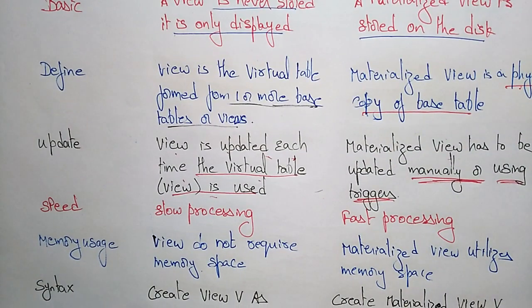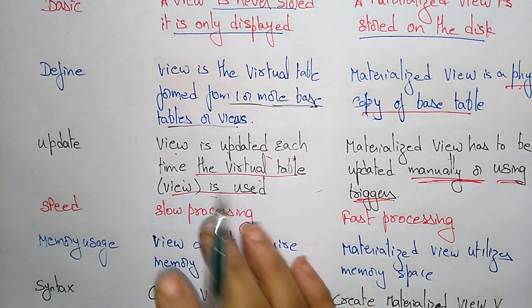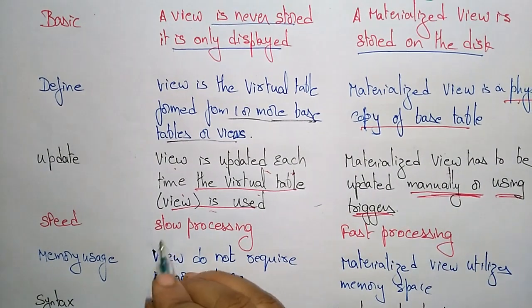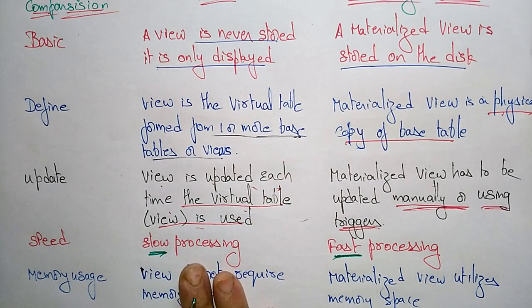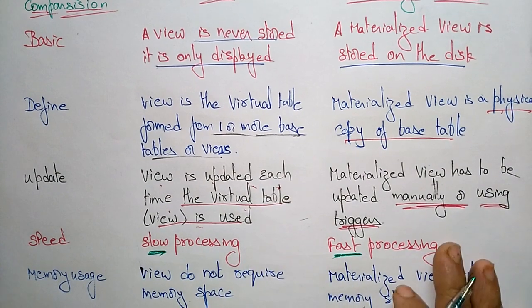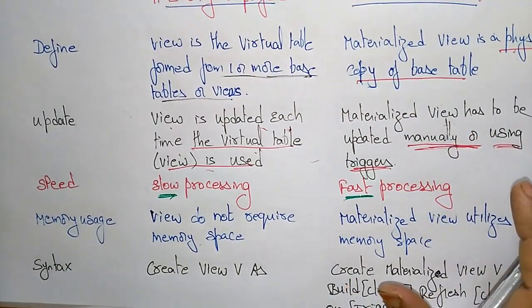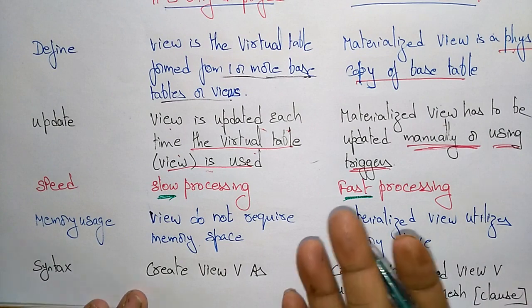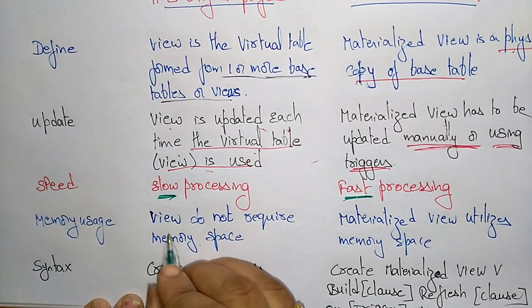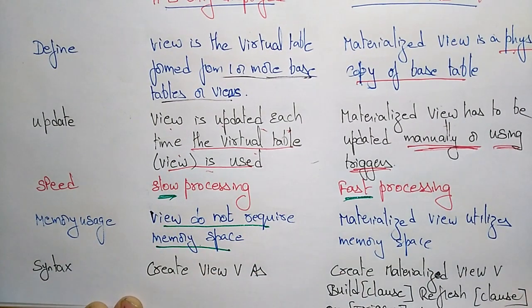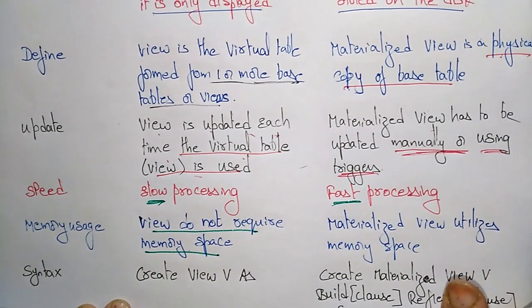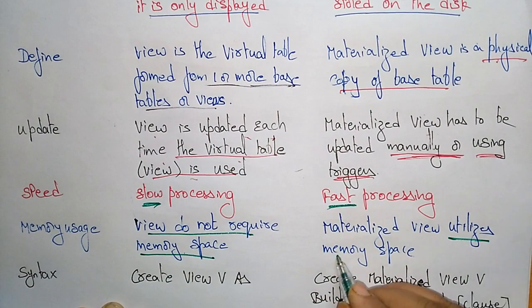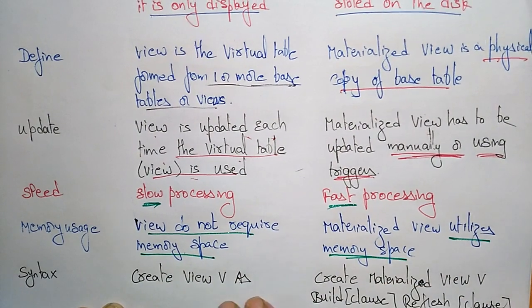Coming to speed, a view is slow, a slow processing query, whereas a materialized view is fast. Coming to memory usage, a view is a logical, virtual table, so it does not require any memory space, whereas a materialized view utilizes memory space.